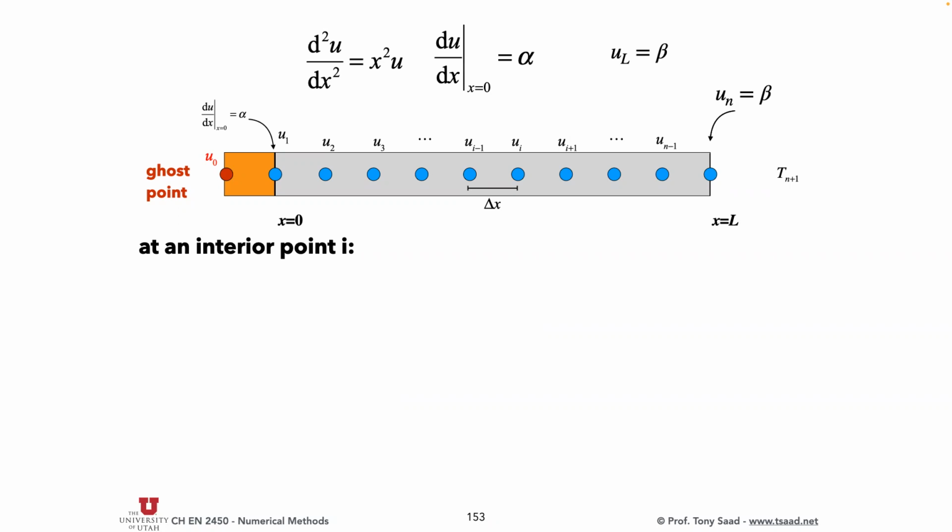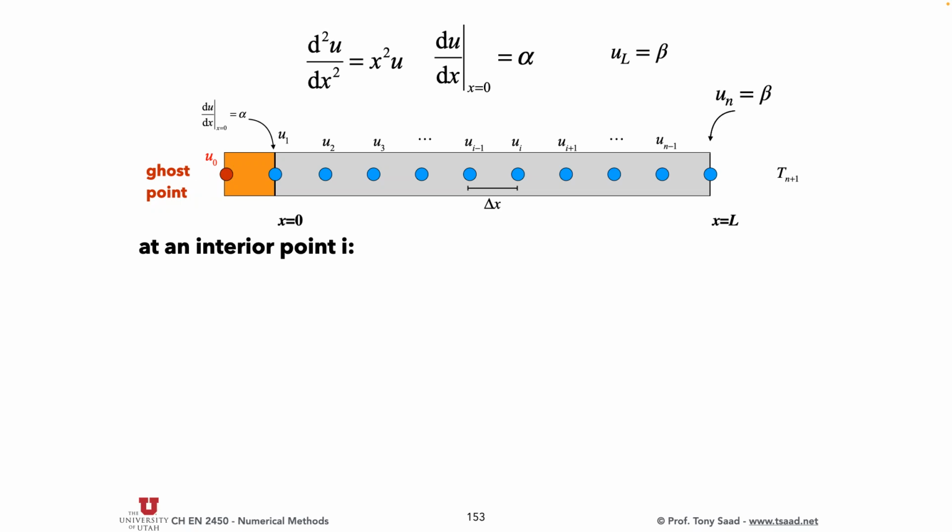It's a second order ordinary differential equation. It has two boundary conditions: du by dx equals alpha on the left-hand side, and u at the right-hand side equals beta. It's a boundary value problem with a Neumann condition on the left and a Dirichlet condition on the right. Go ahead and discretize.